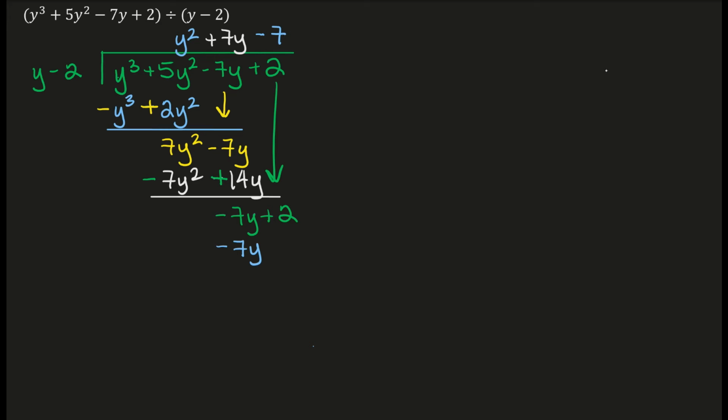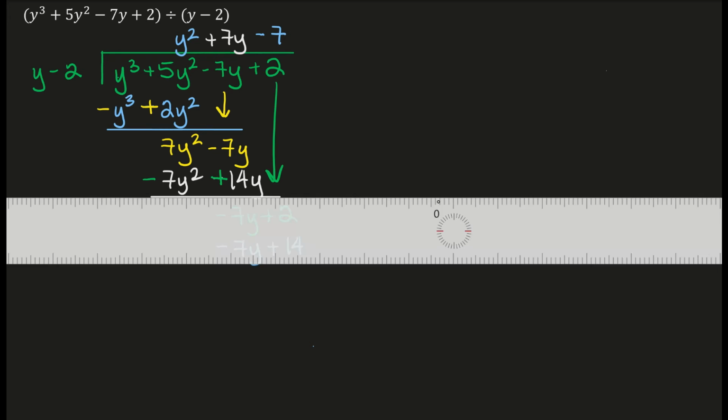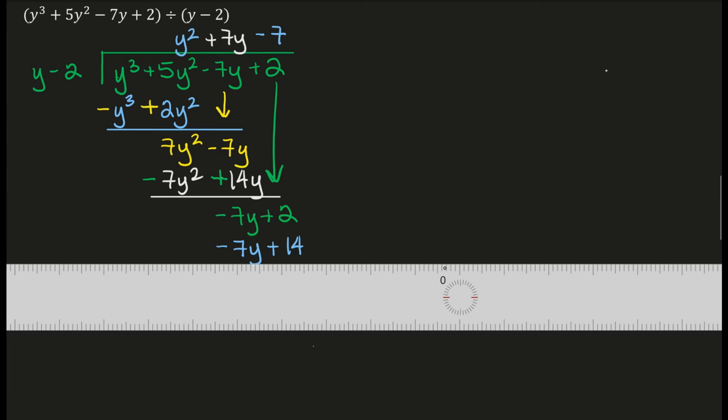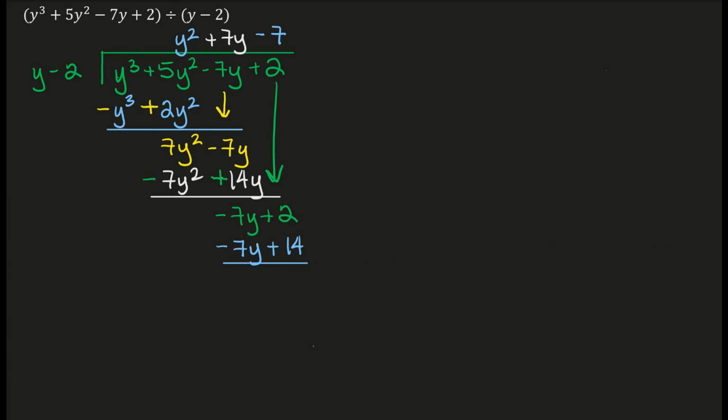And then negative 7 times negative 2 gives me positive 14. And now I'll draw my line, and I'll change my signs. So my 7y's cancel, and I'm left with negative 12, and this is my remainder.